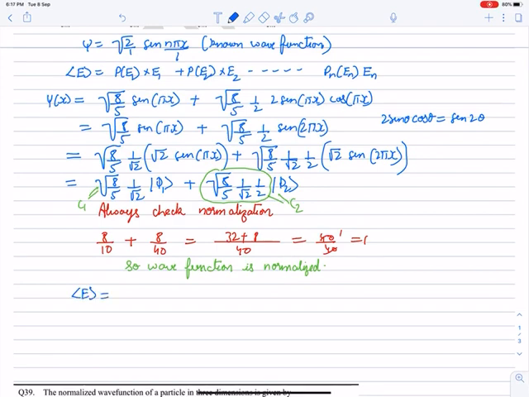E is equal to probability of E1 into E1 plus probability of E2 into E2.